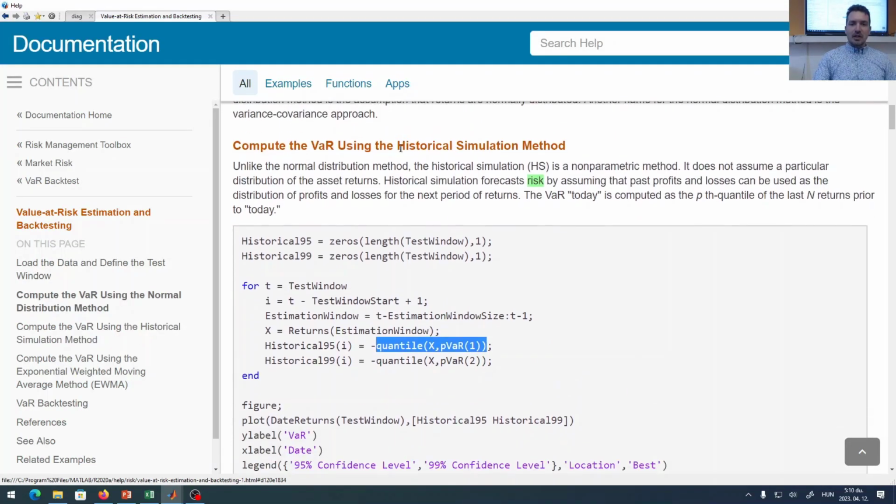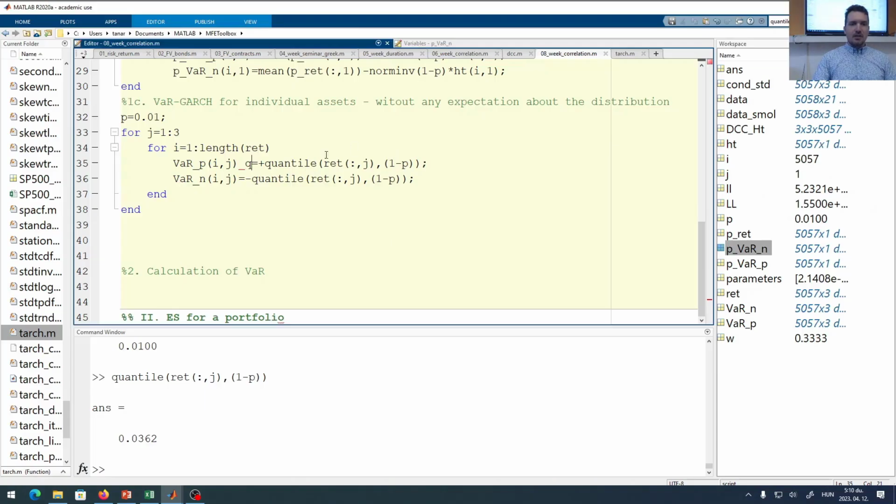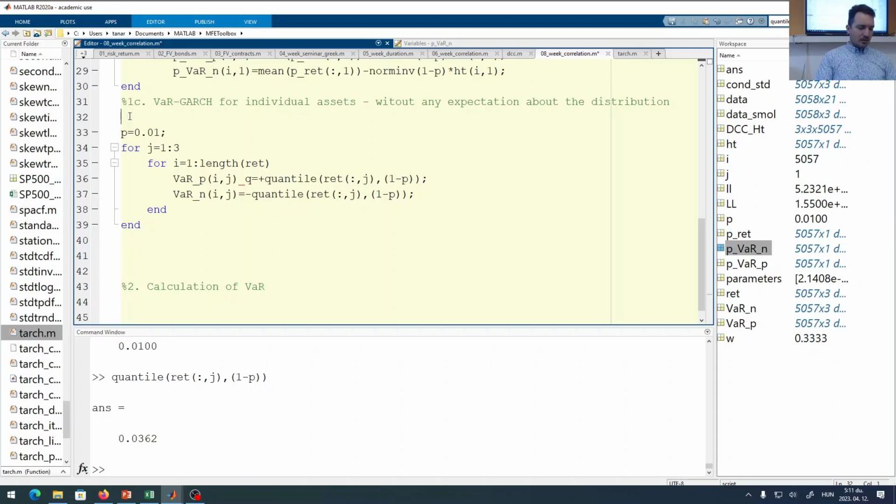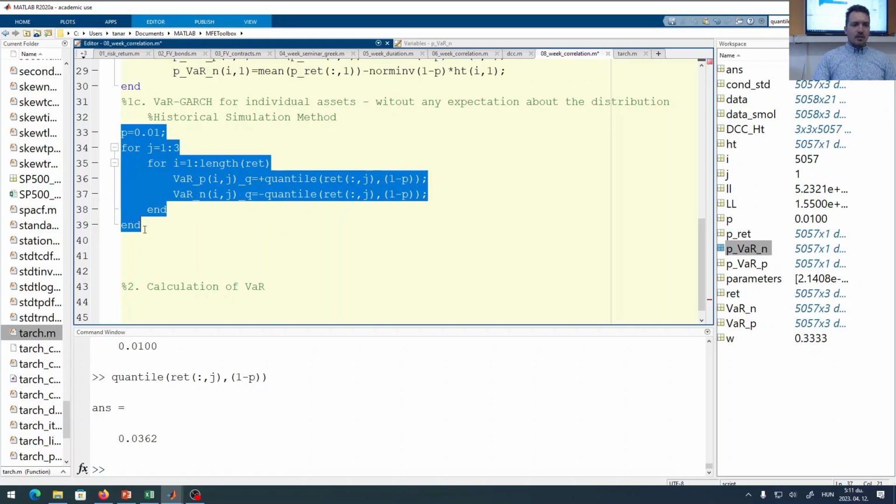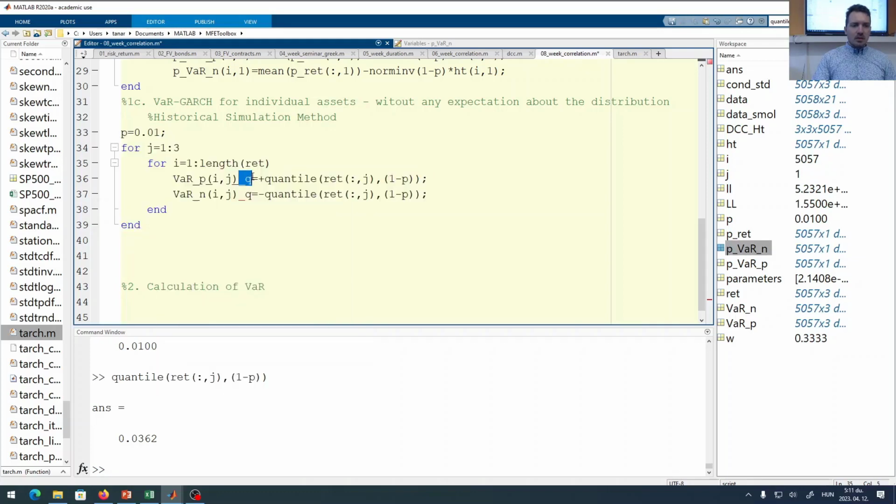The historical simulation method. Let's write it here. Yeah, no, I cannot put it here.